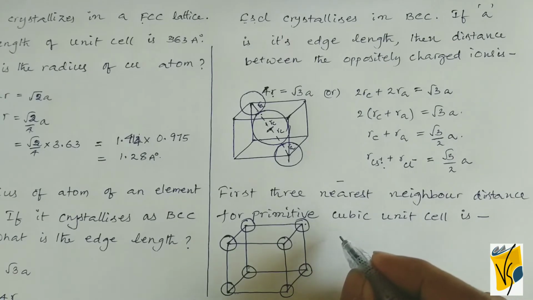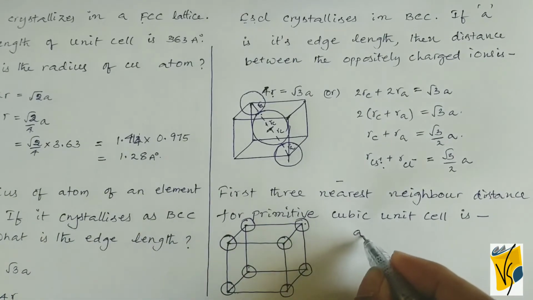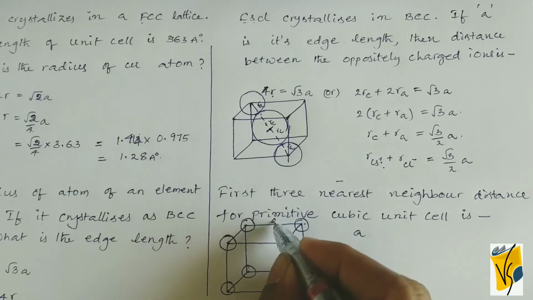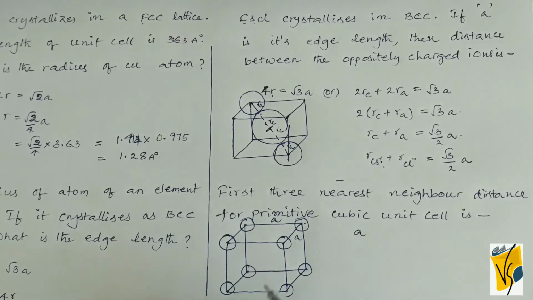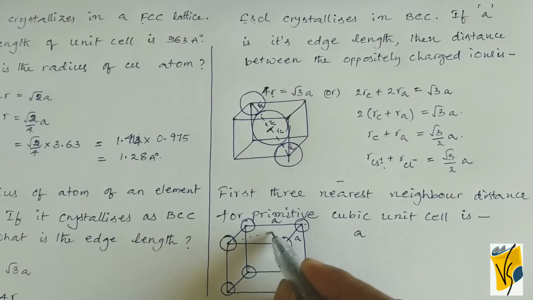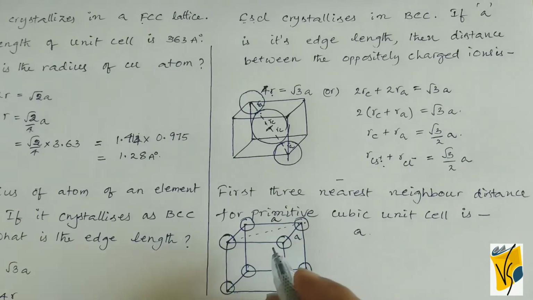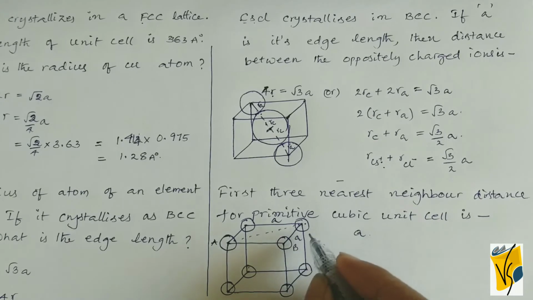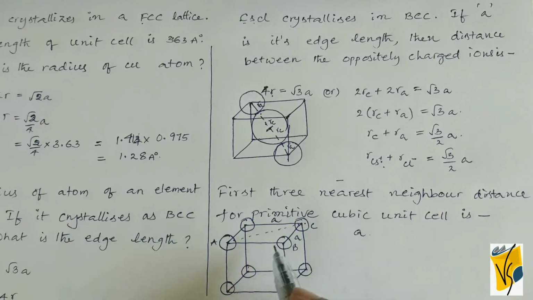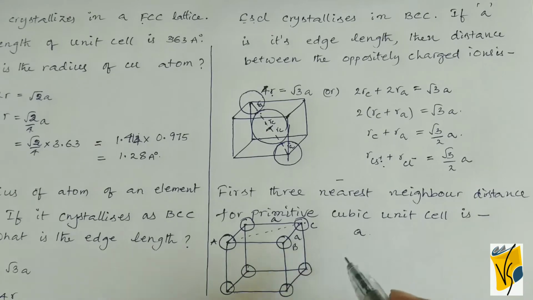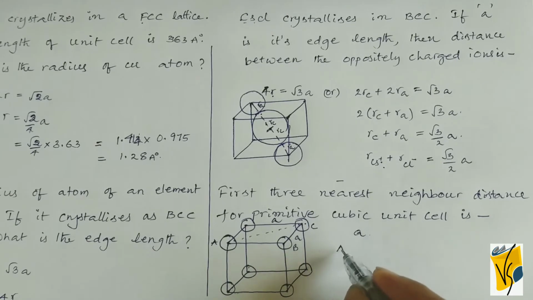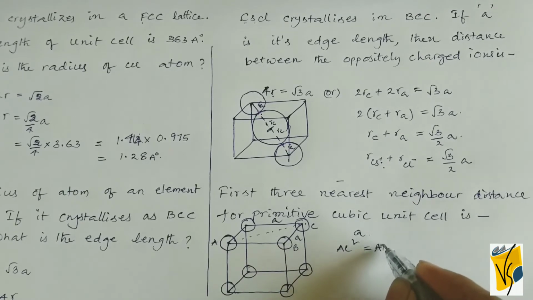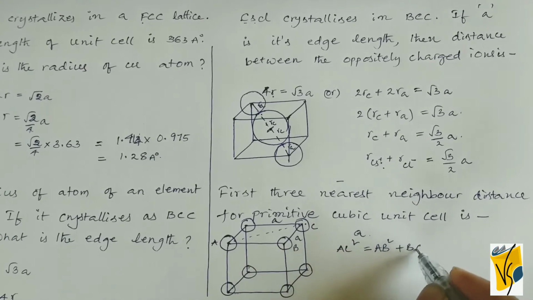Edge length is A. Now what is the face diagonal length? If you consider this as the face diagonal length, right? So let us take triangle ABC. As per Pythagoras theorem, AC square is equal to AB square plus BC square.